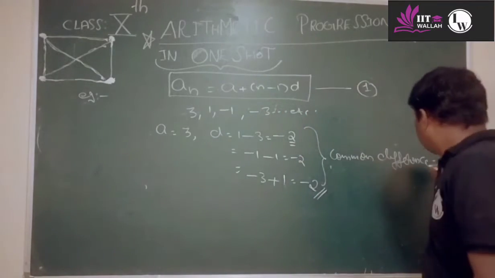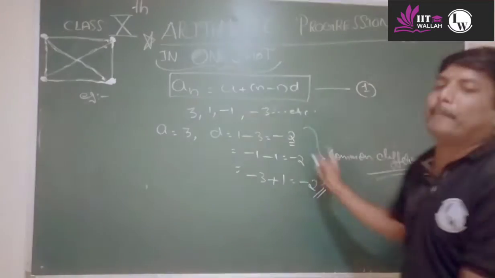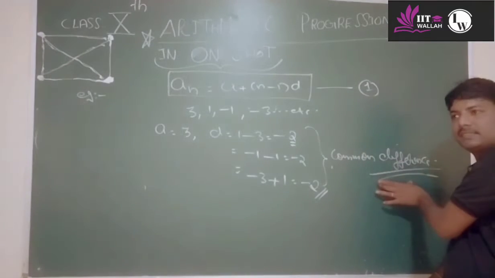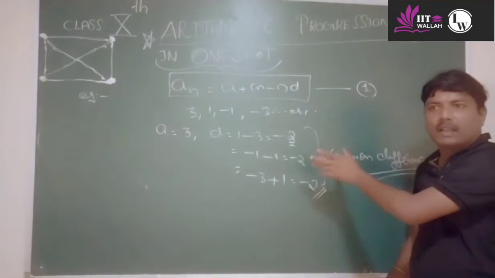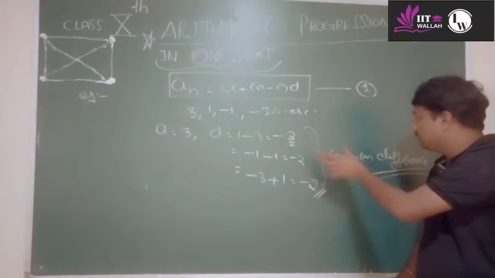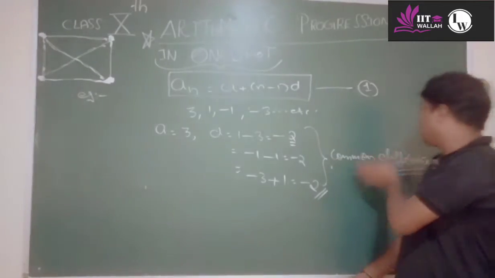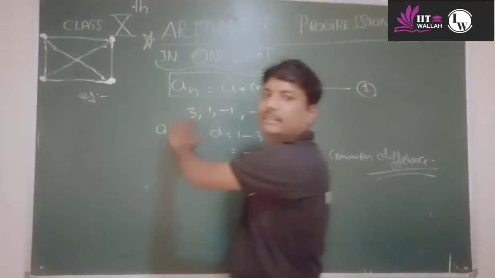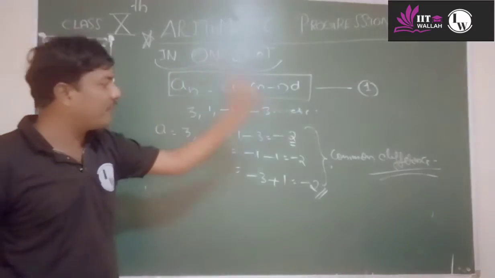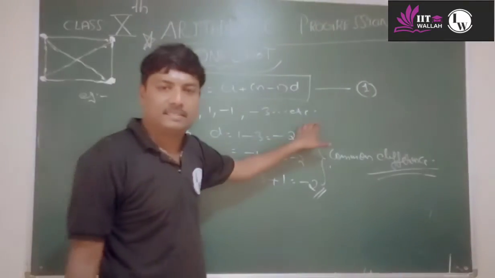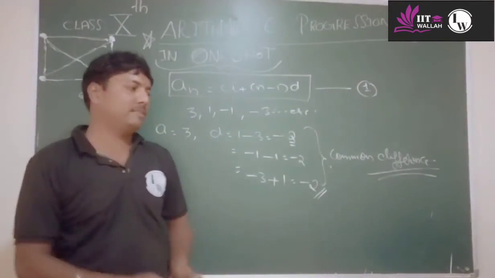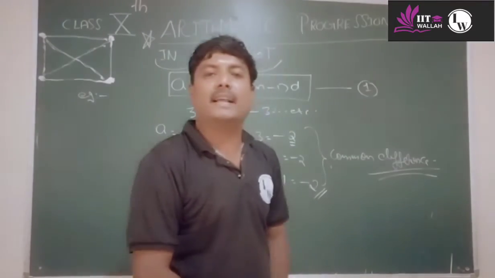That means the difference which is common. It is the difference of any two consecutive terms which is common in this given series. That is the meaning of common difference.